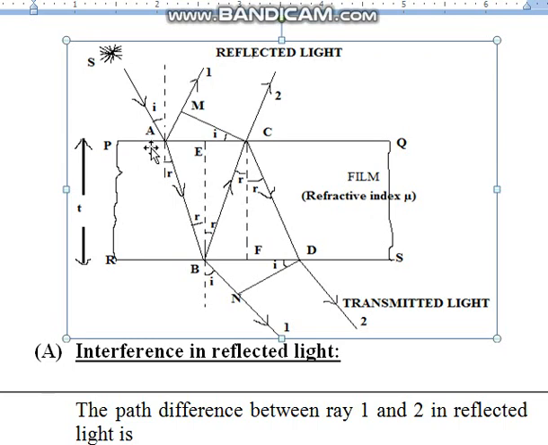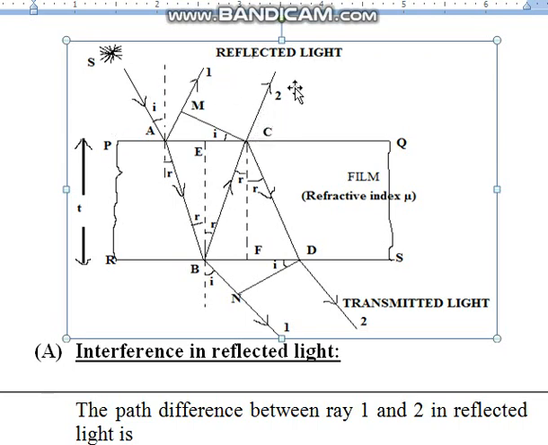At point A we draw a normal, and the light is partially reflected and partially transmitted into the medium. The partially transmitted light reaches point B, where it is again partially reflected and transmitted, and again at point C it is transmitted into the air.